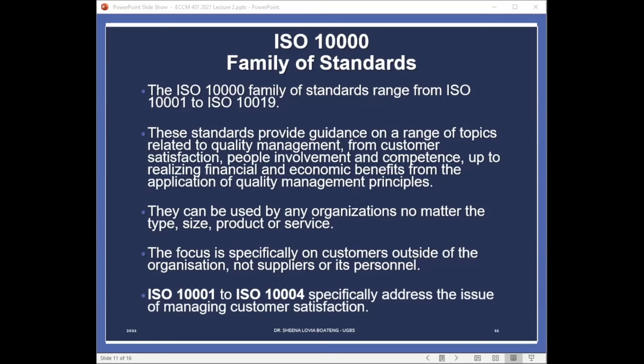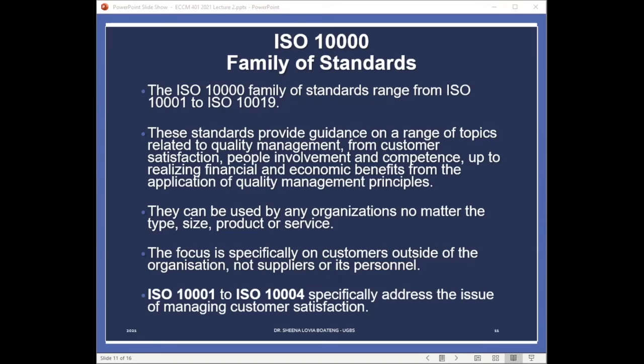Now, these ISO 10,000 family of standards can be used by any organization, no matter the type, size, product, or service, because they generally have to do with keeping the customer satisfied and other baseline activities like realizing financial and economic benefits, which cut across all organizations.